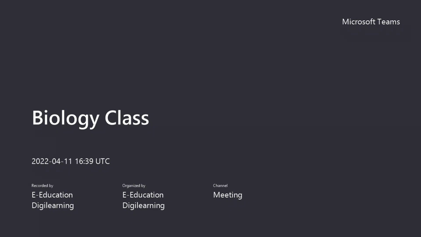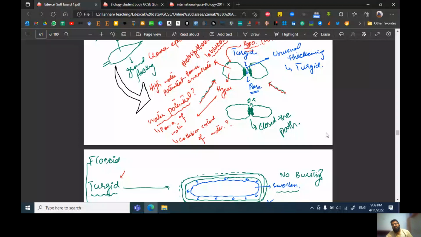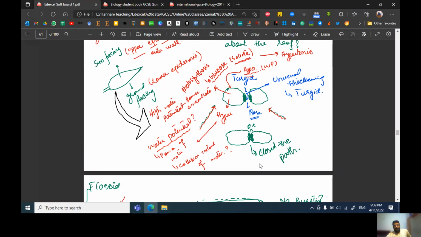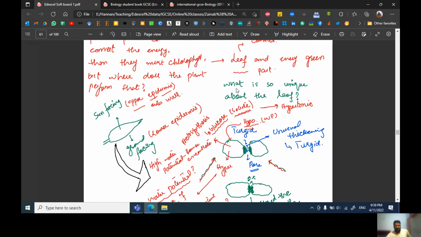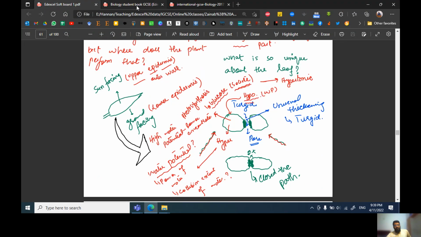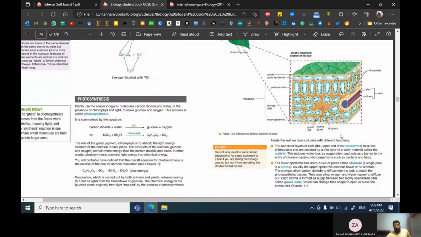Opening and closing of stomata, some basic terminologies of turgidity and flaccidity in plant cells, and then what is so unique about the leaf, what is the structure of the leaf.